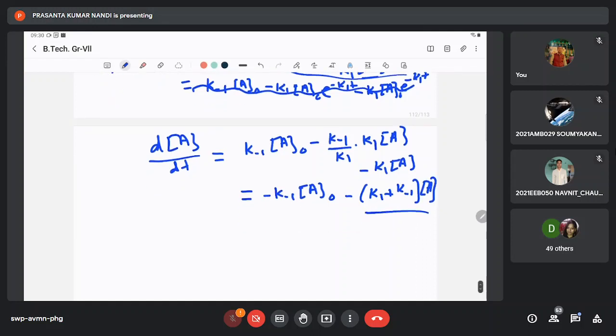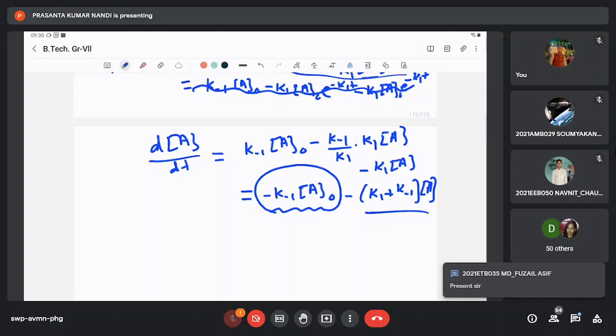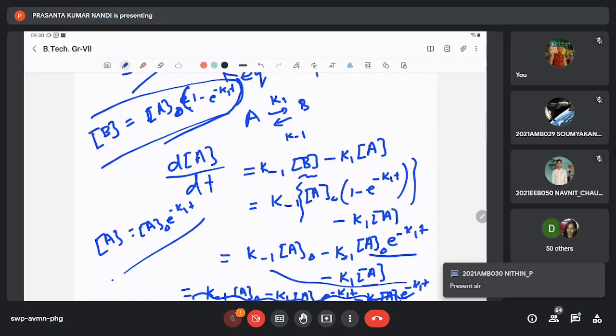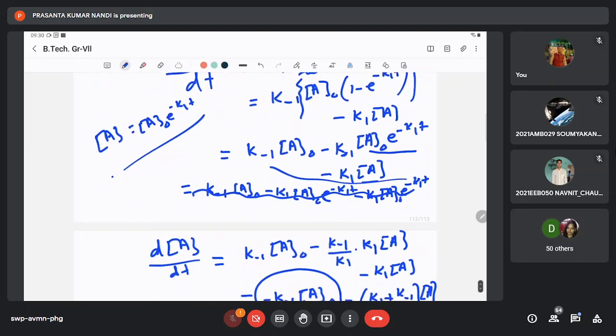Now, what is the physical significance of this quantity? At the very beginning of the reaction, this is almost a constant quantity, and at the very beginning of the reaction, this we can ignore. Basically, what is k inverse A zero?